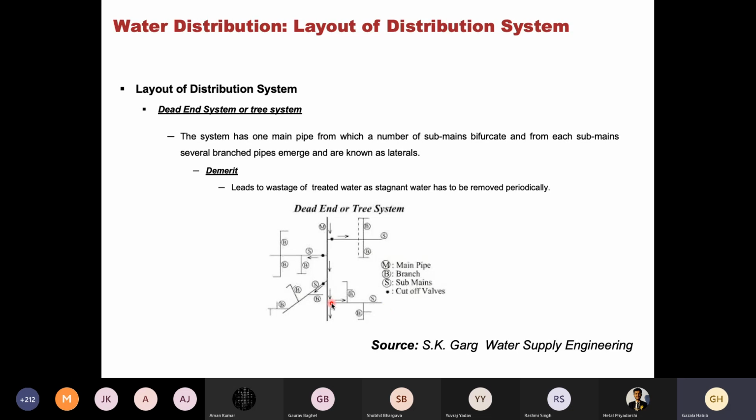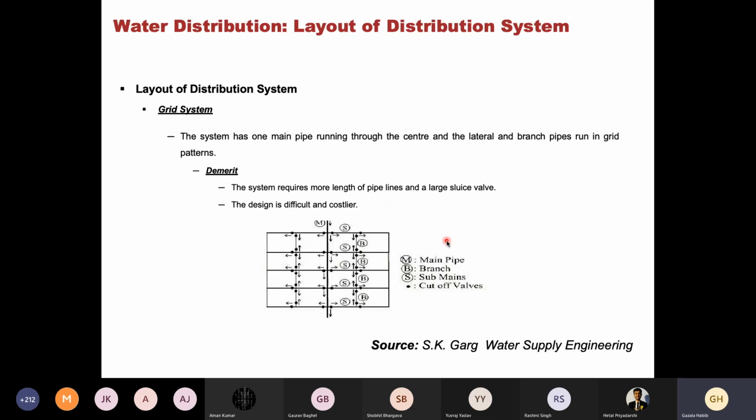So you can close the valve if you don't want to supply the water in that particular area. So the valves will be used to control the flow of water in sub mains and the branch. So that is one system.